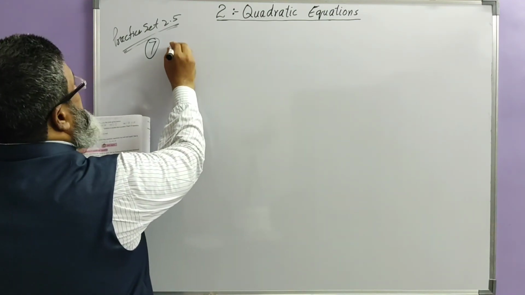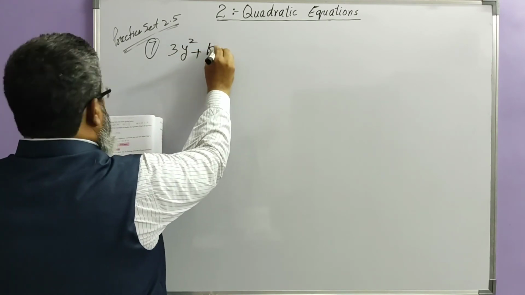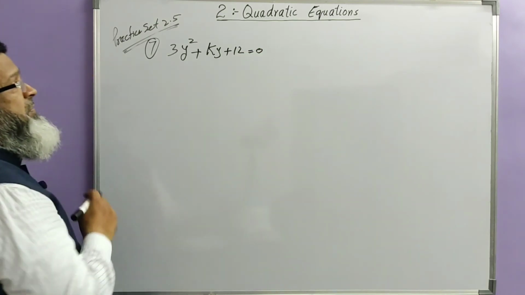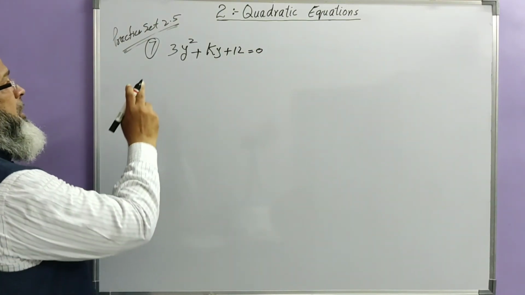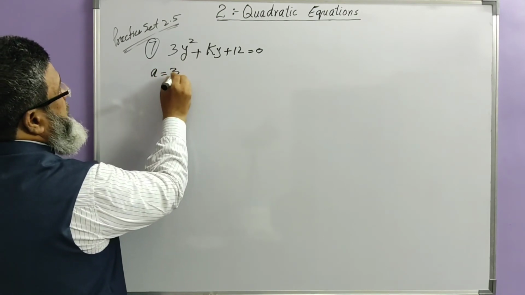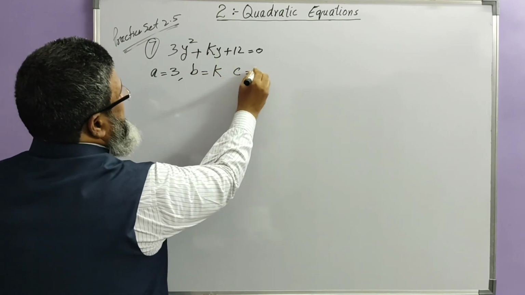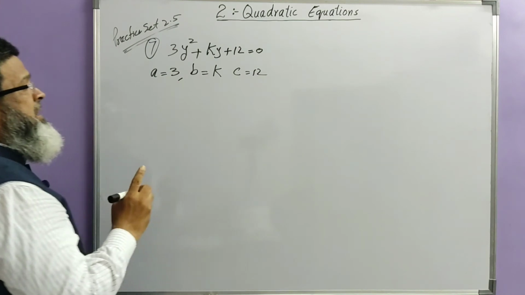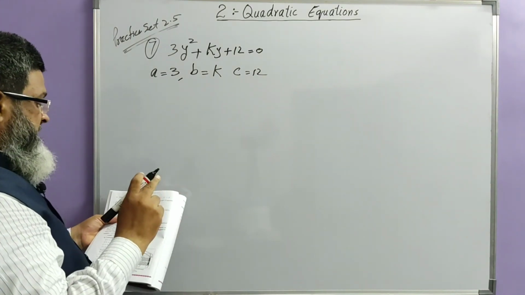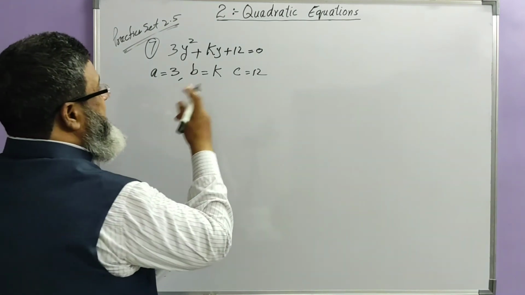See the equation, 3y square plus ky plus 12 is equal to 0. It is given. So by comparing, a is equal to 3, b is equal to k and c is equal to 12. It is given the roots of the equation are real and equal. Real and equal means it is equal to 0.